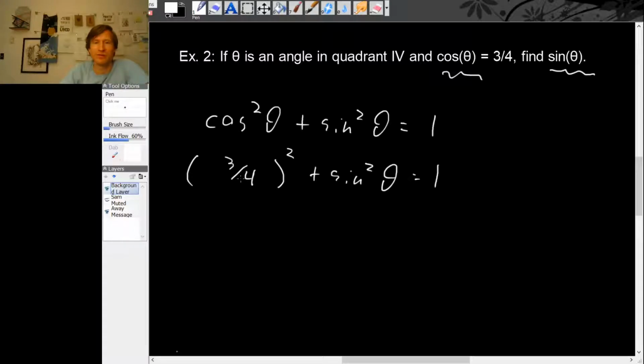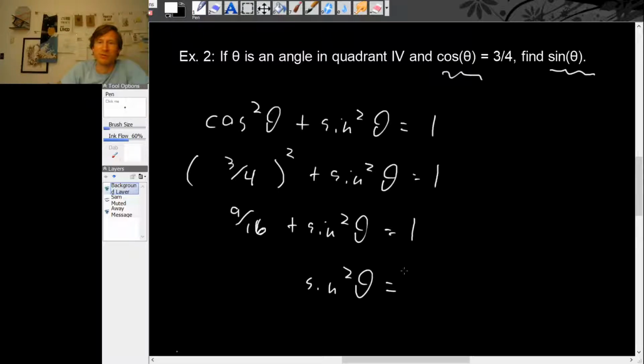So let's do this arithmetic. 3/4 squared is 9/16, plus sine squared theta equals 1. Then we can move that 9/16 to the other side. We get sine squared theta equals 16/16 minus 9/16, that's 7/16. And then we can take square roots.